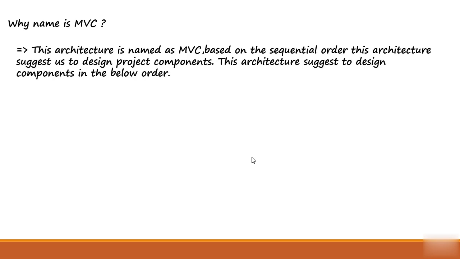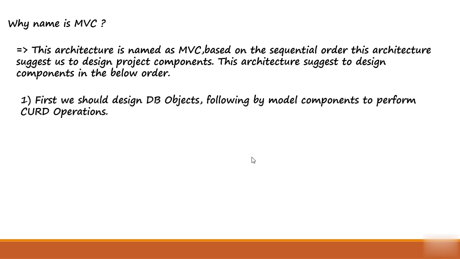This architecture suggests designing components in the below order, because if we design a project using this architecture, it will be easy for fast development by multiple programmers, because a single programmer will not do a project in MNC companies. A project is developed by multiple developers. To get easy and fast development, MVC is giving some suggestions with this name. We will discuss all those.